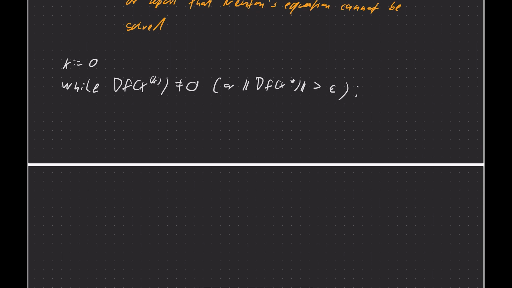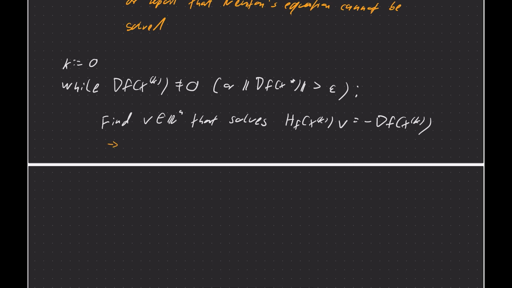While that is the case, we repeat the following steps. We find a v in R to the n that solves Newton's equation. That equation is Hf at xk times v is equal to minus the gradient of f at xk. So we solve this linear equation system for v.